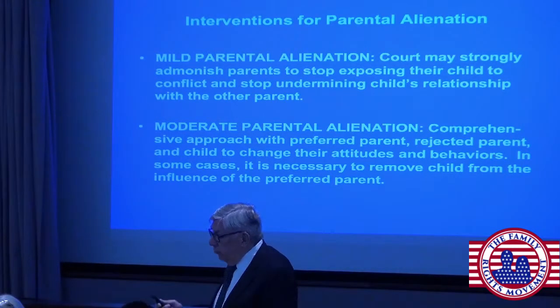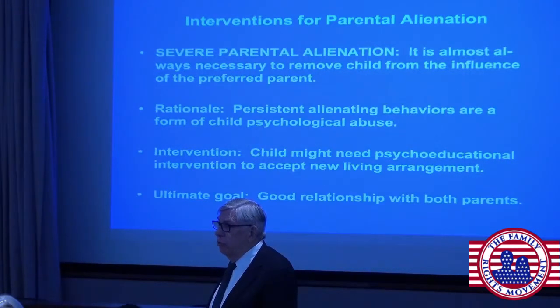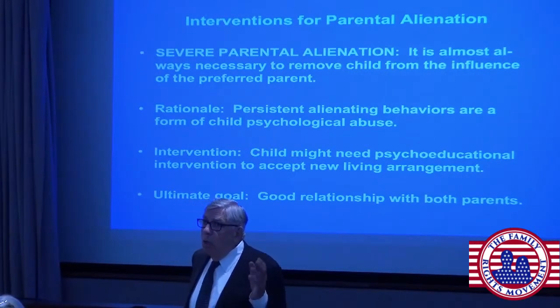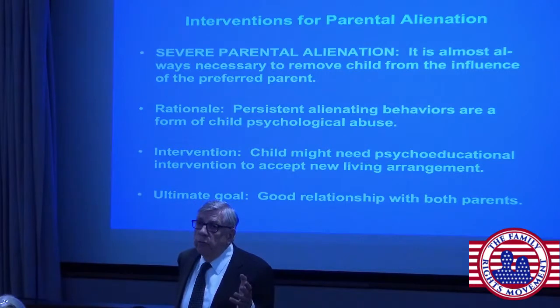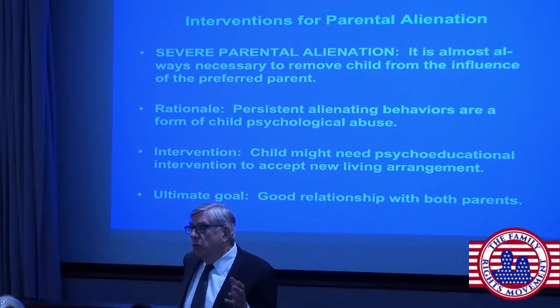The really tough cases are the severe cases, where the child doesn't go at all and hasn't been there for 2-3 years. We consider this child abuse. We feel that if one parent has indoctrinated and brainwashed the child to totally fear the other parent, that is child psychological abuse. And we think the child should be removed from that household.